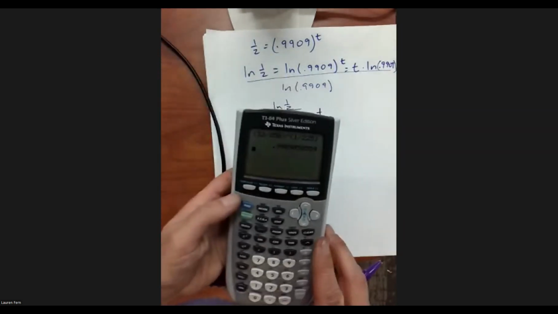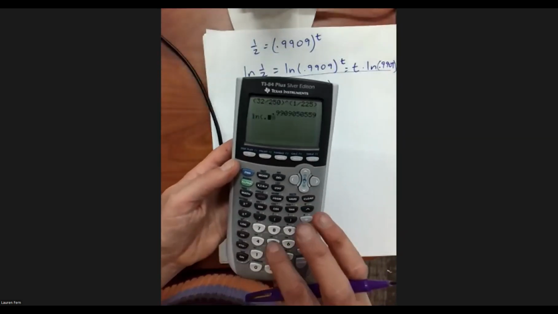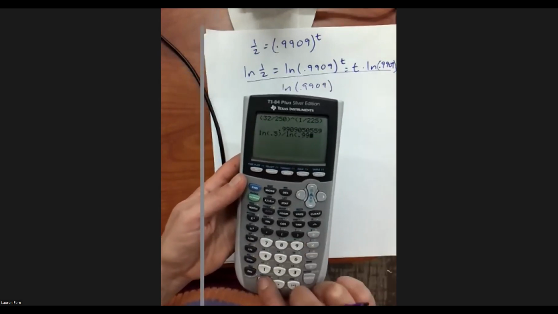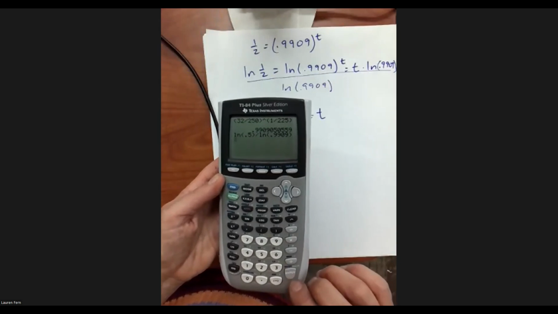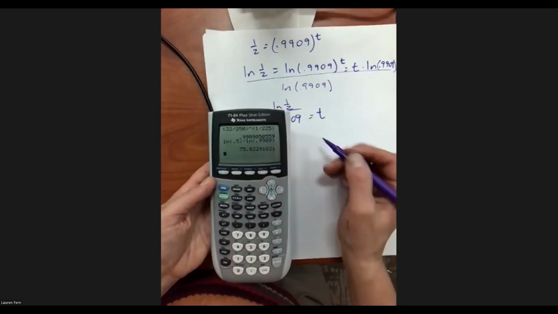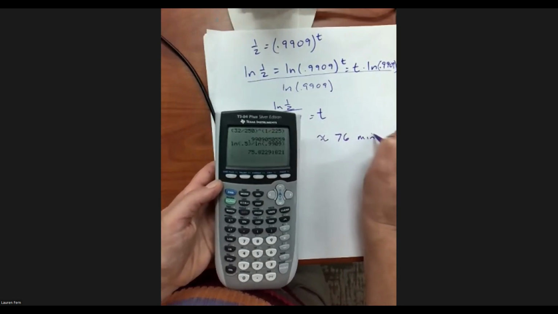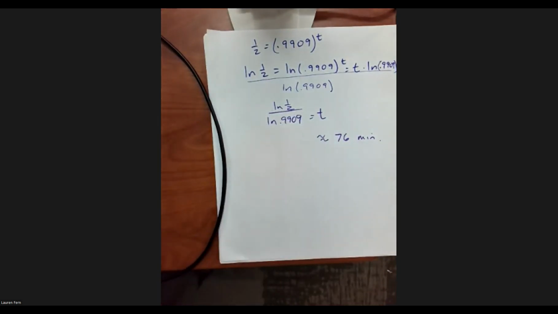And if you do that in your calculator, we'll take the natural log of 0.5 divided by the natural log of 0.9909. And notice we also get about the same answer. Isn't that cool?